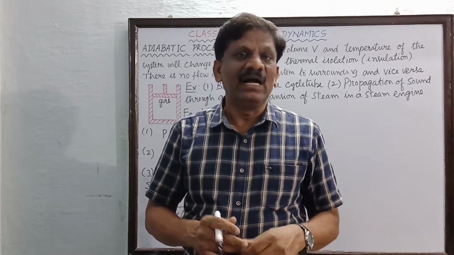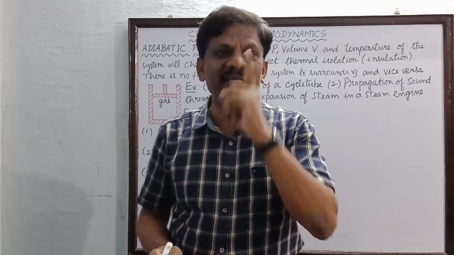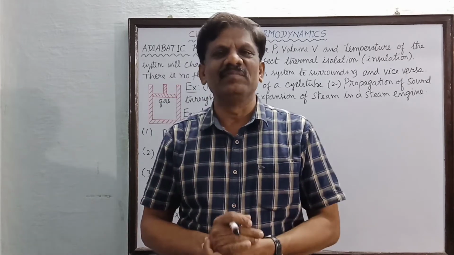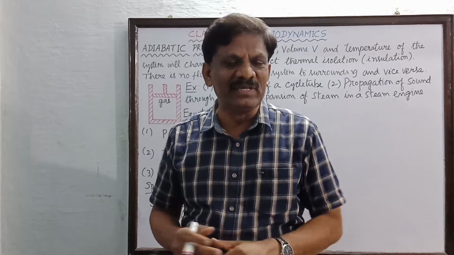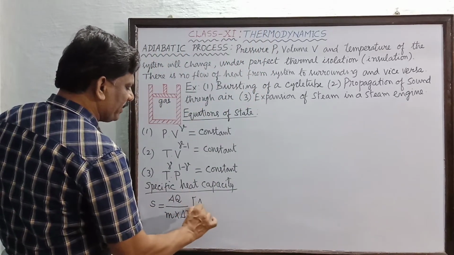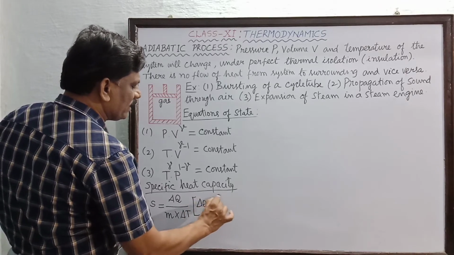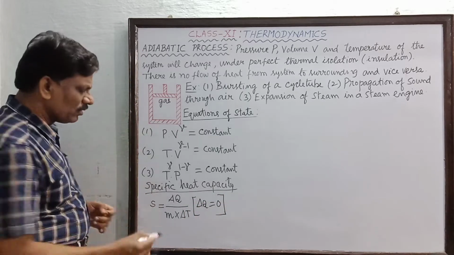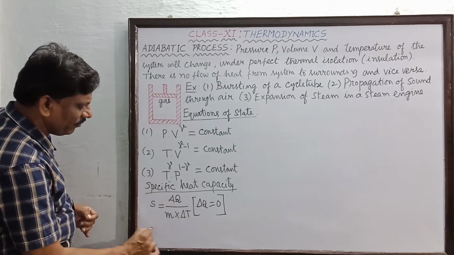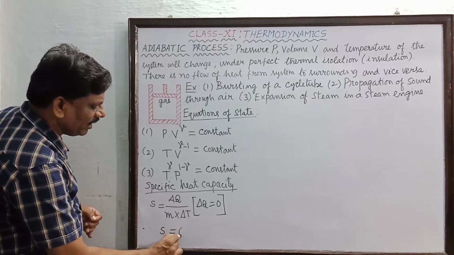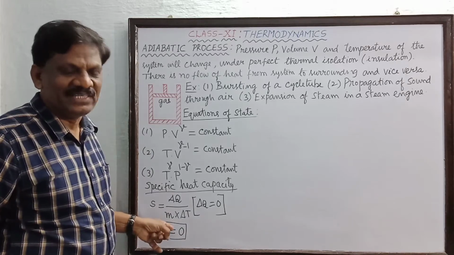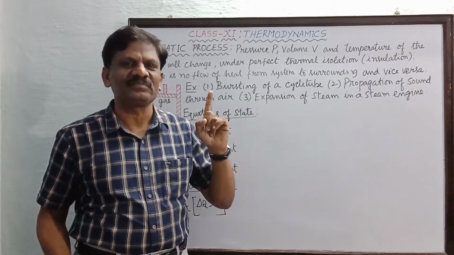In an adiabatic process, no heat can flow into or out of the system. Therefore delta Q must be equal to 0. Substituting 0 in the numerator, the specific heat capacity of a gas undergoing an adiabatic process is equal to 0. This is very important information.